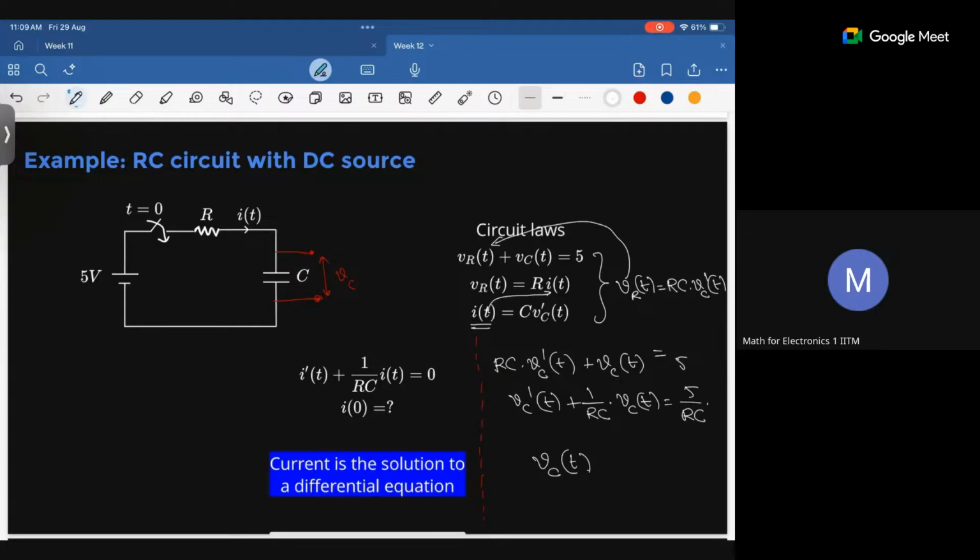That's it. So this is a differential equation. And if you solve this differential equation, the solution is basically not the current. Okay, so the solution is basically this voltage across a capacitor.